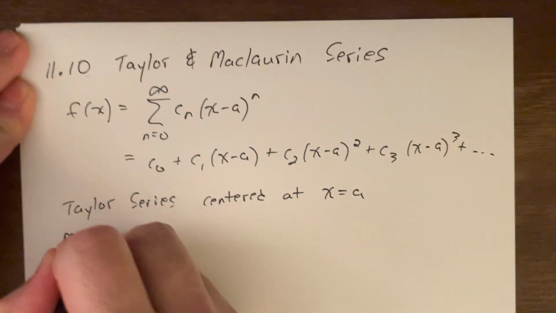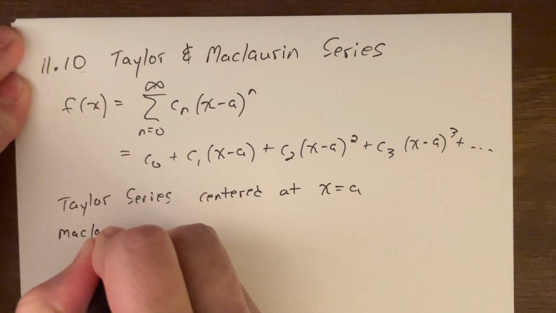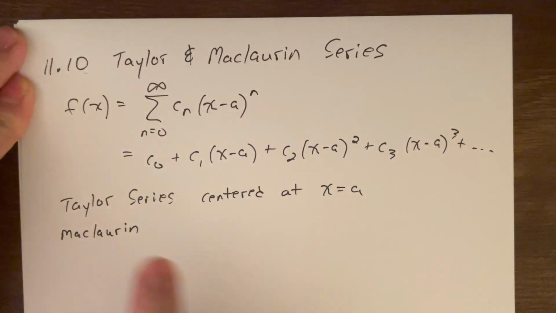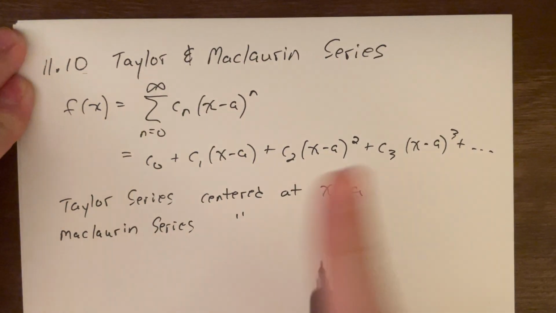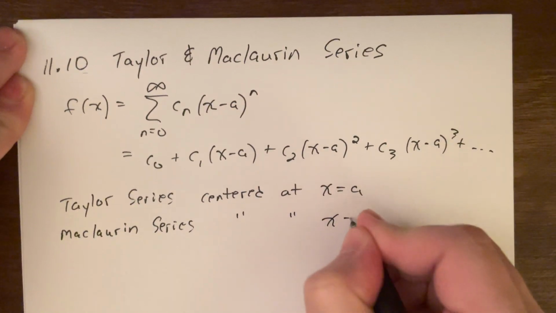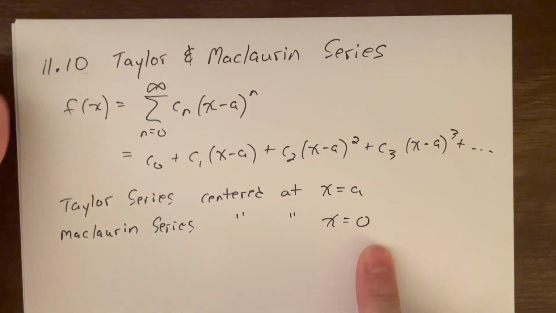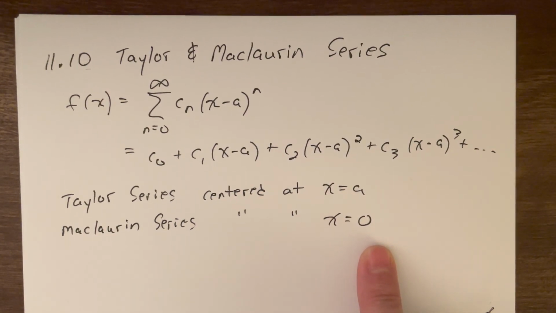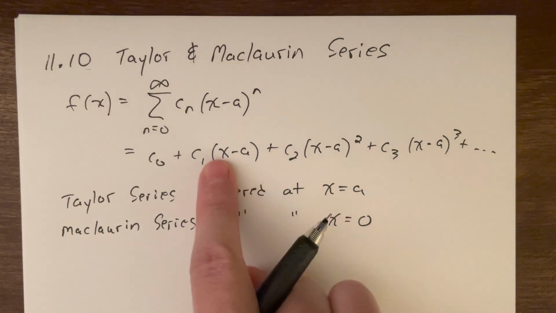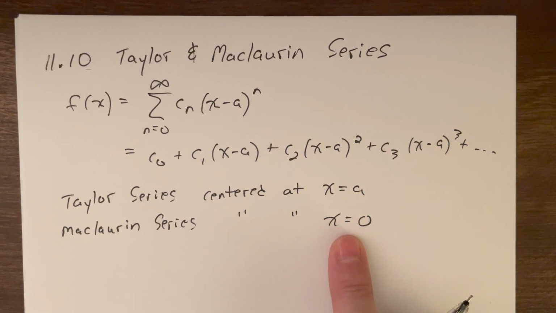And if we call it a Maclaurin series, the only difference between the Taylor and Maclaurin series is that a Maclaurin series is always centered at x equals 0. So even in the power series work we've done so far, we've had series centered at other values, but a lot of them were centered at 0.